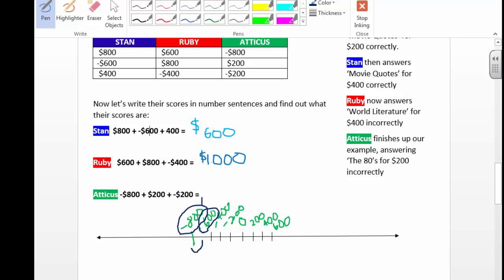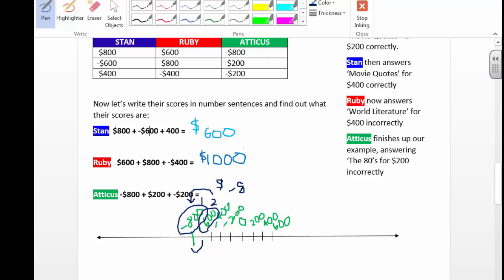Where he was after his second score was minus 600. Now, unfortunately, he lost another 200 with his answer, which was incorrect. So we're going to move to the left, and we end up with minus 800 again. So Atticus's score at this point of the game is minus 800.